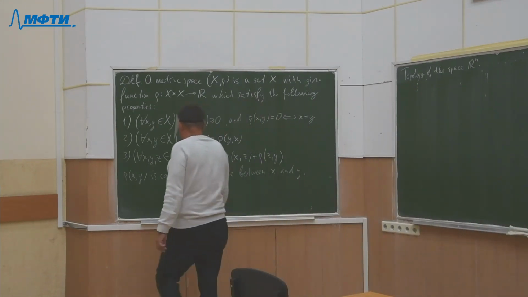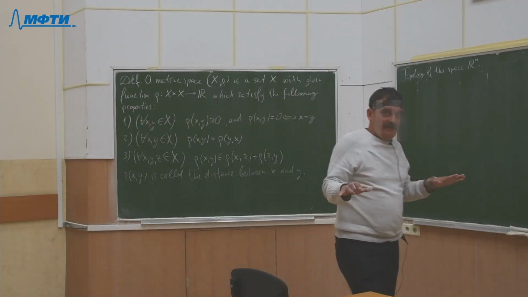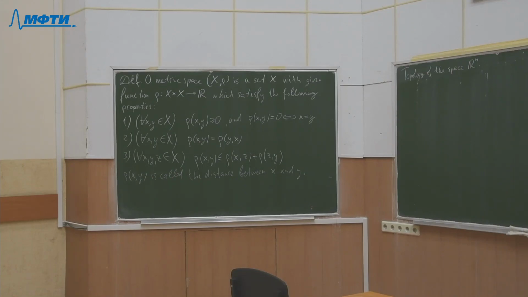Okay. So, let me compare 2 very general definitions. The first one was about normed linear space, right? So, look, for normed linear space, we introduced norm. Norm is a kind of length, right? It was a generalization of the length. So, how to measure distance, right?